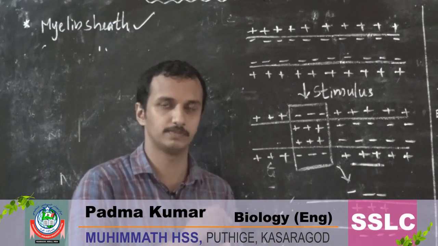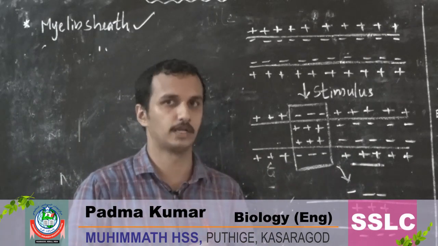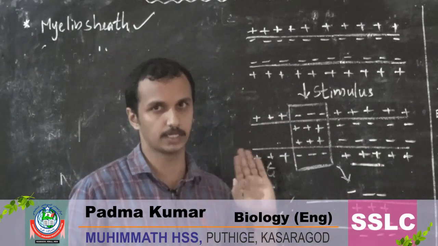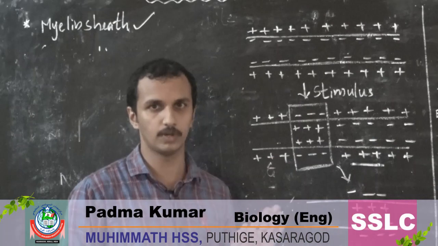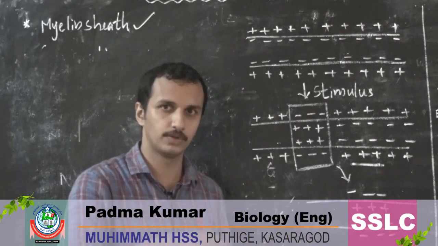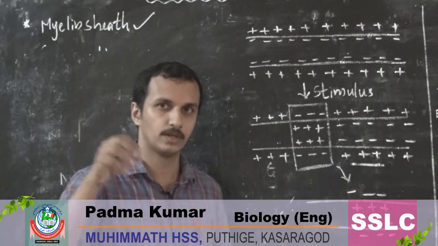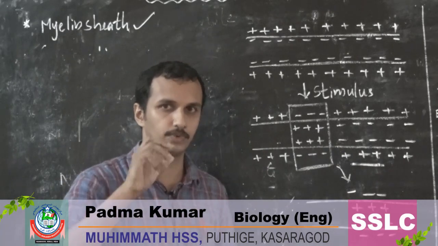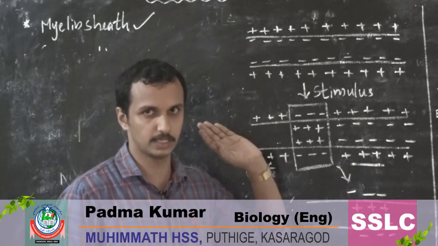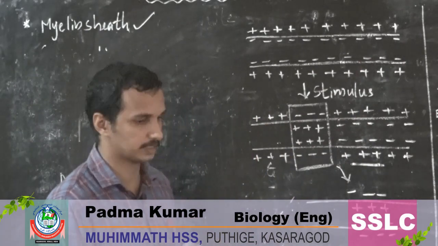You already studied that these messages are transmitted through nerve cells. Now we are discussing how these messages are generated and how they are transmitted to the adjacent cell. Usually nerve cells are interconnected, and only then is the control and coordination of our body possible.